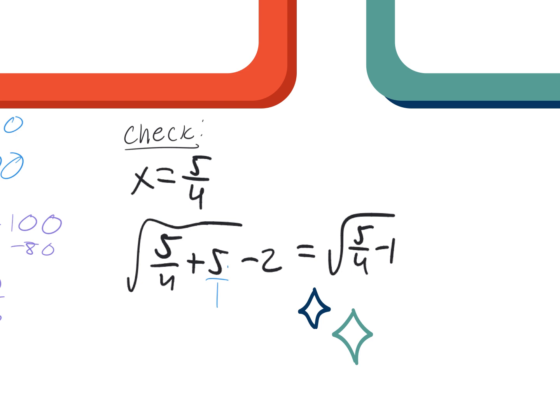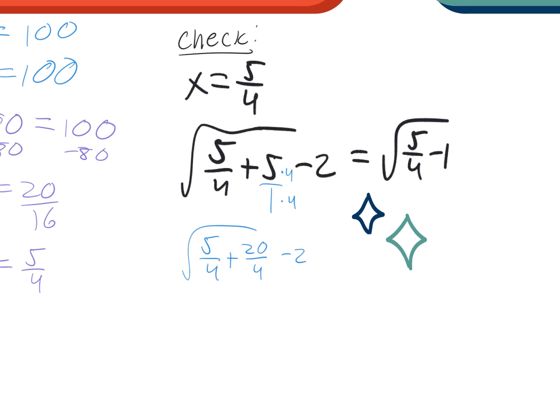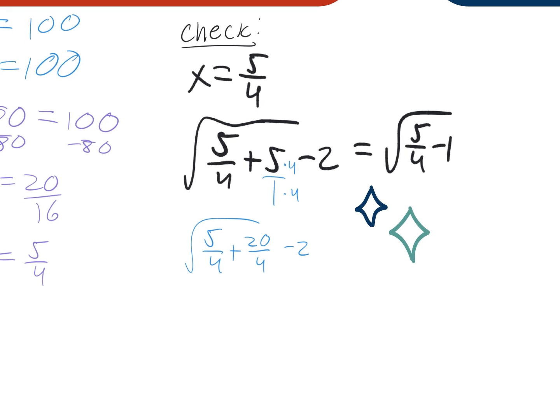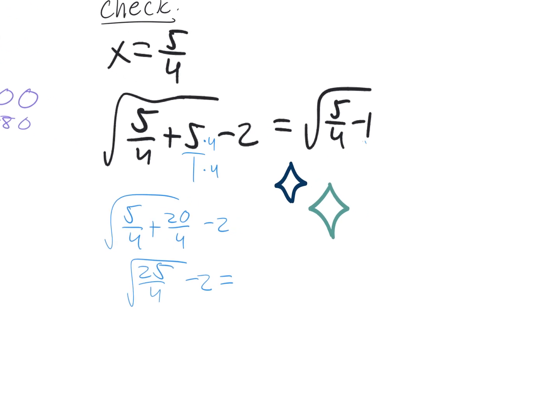So write 5 over 1 times 4 over 4. Then you get 5 over 4 plus 20 over 4, minus 2. And what do we get? 25 over 4, square root, minus 2 equals, and then same thing here, 1 times 4 over 4, equals the square root of 5 over 4 minus 4 over 4.